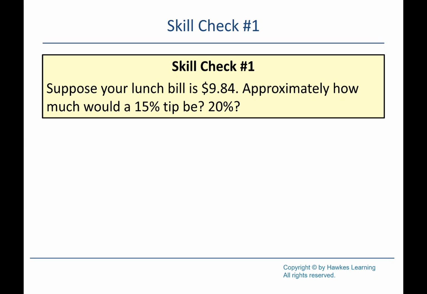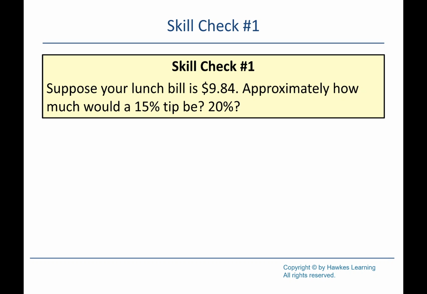Okay. So, did you try? What I would do, I would say $9.84 is really close to $10. And so that makes that easy. 10% of $10 would be $1. So a 15% tip should be about $1.50. And the 20% tip should be about $2. And then we can punch it in the calculator if we want to be exact.